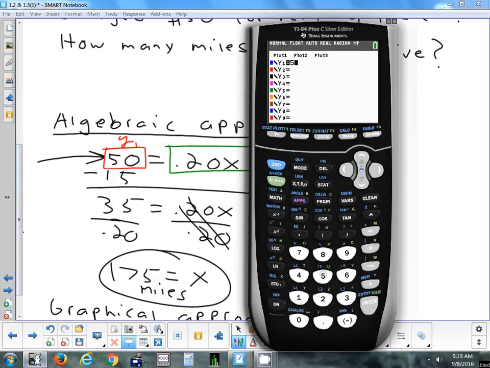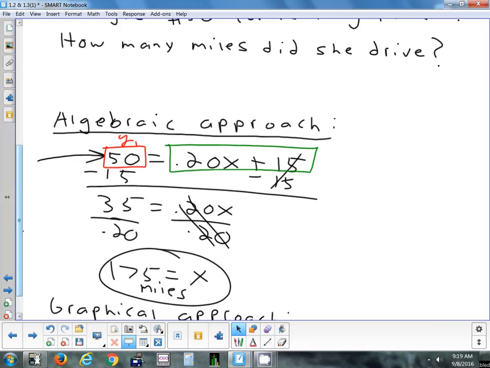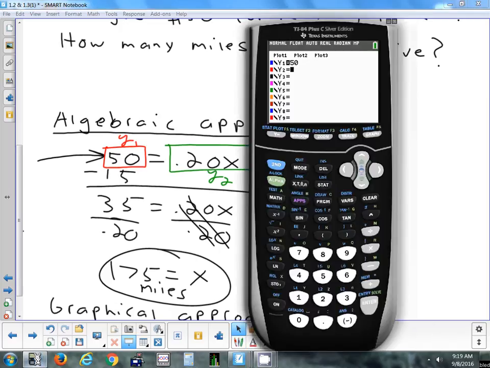Okay, so I'm going to type in 50. Okay, I'm going to take what's on the right in green, and I'm going to type that in y2. 0.20x plus 15. Okay, so to get an x, in case I haven't shown you that, you press the button right below mode. 0.2x, that's the same thing as 0.20.